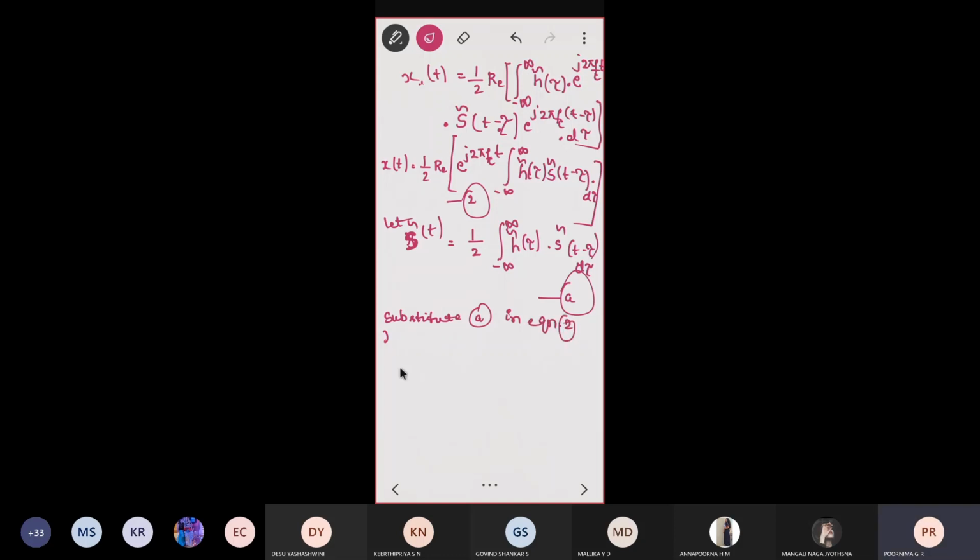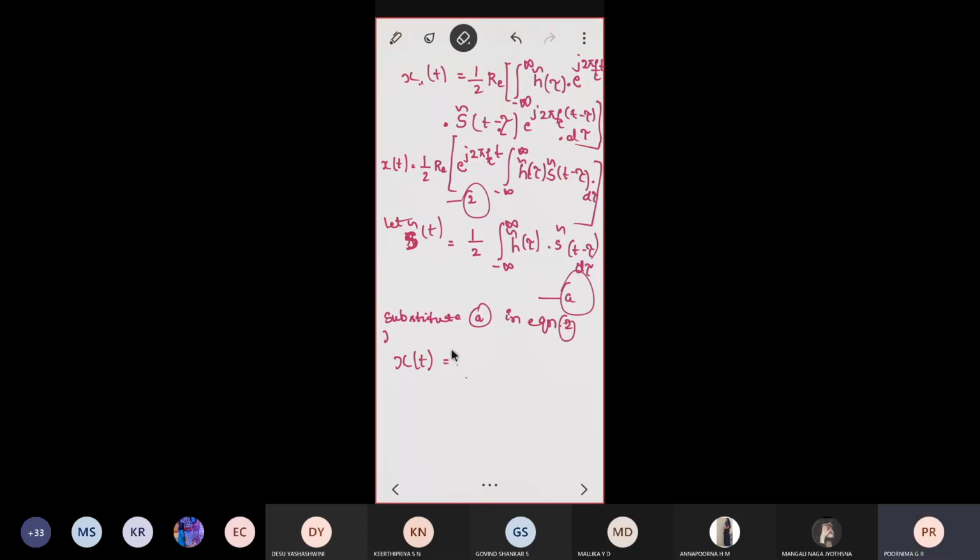So what is your x of t? What will you be getting? x of t is equal to half of, please tell me, half I have taken here. What will be the left out terms? Students, be interactive. In equation 2, I am substituting half integral from minus infinity, this whole term as s tilde of t, the complex envelope of the bandpass signal.